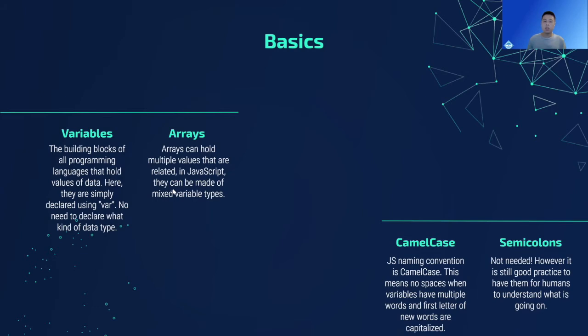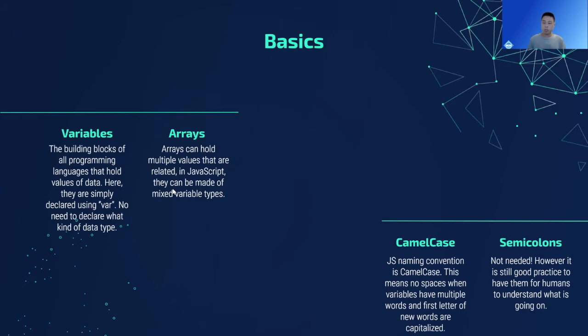Arrays can hold multiple related values, and in JavaScript, they can be made of mixed variable types. Camel case is JavaScript's naming convention. What this means is that when you have variables of multiple words, the first letter of the new words is capitalized and there are no spaces in between them.